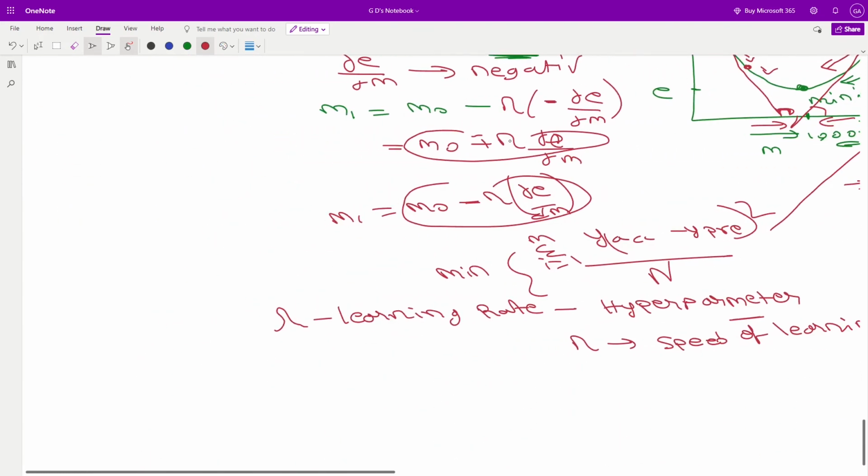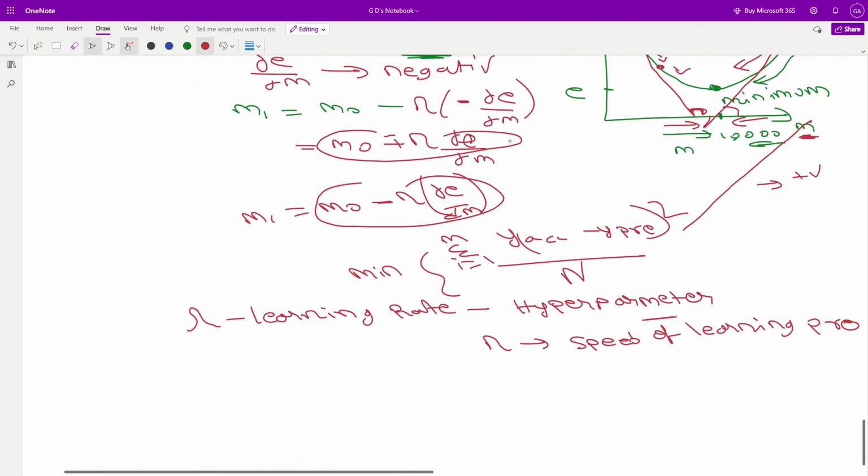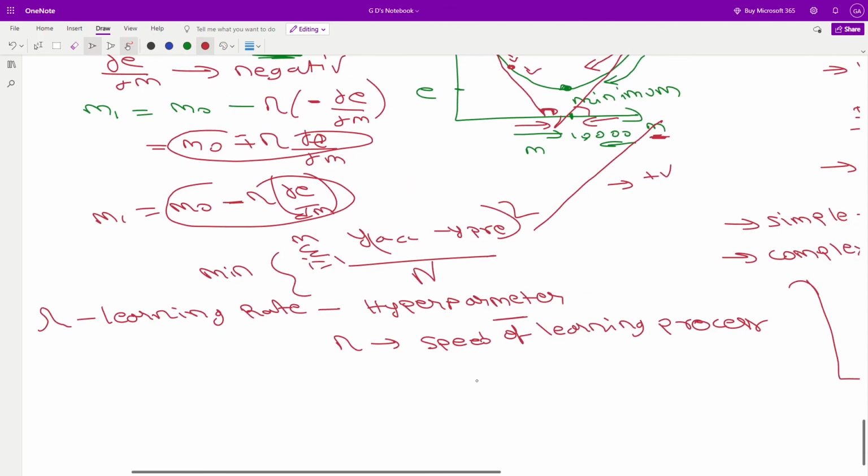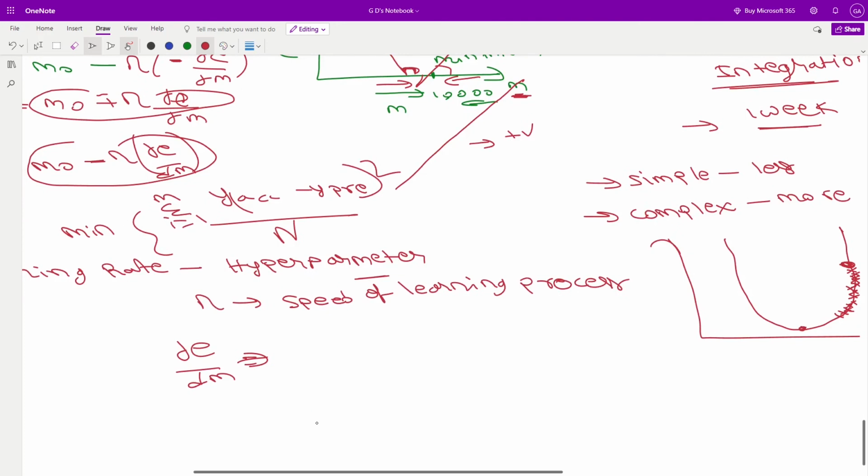Now, I told you that de by dm is the main part, right? We haven't understood yet what we'll have in de by dm. In order to solve gradient descent, we should understand what de by dm is. Let's substitute the error value in this. What is the error value?